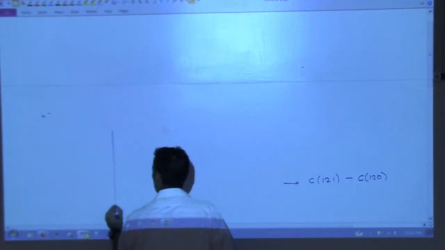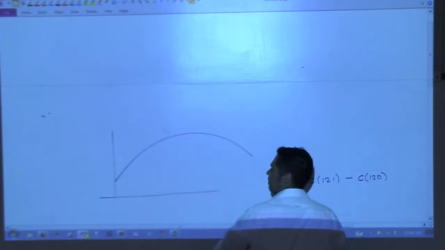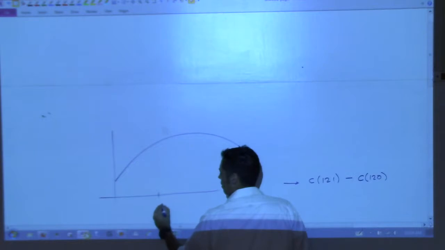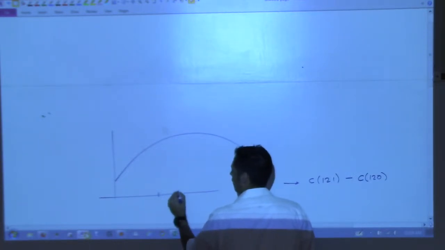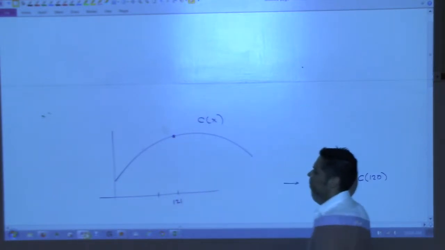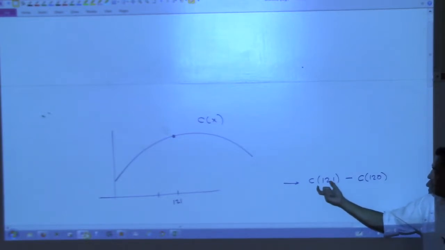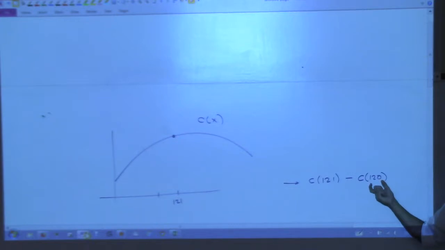If we have a function, and I'm going to kind of exaggerate it here, and let's say we have 121 right here. This is our cost function. If I would like to know the exact cost of making that 121st item, I'm going to take the cost at 121 and subtract 120, right?